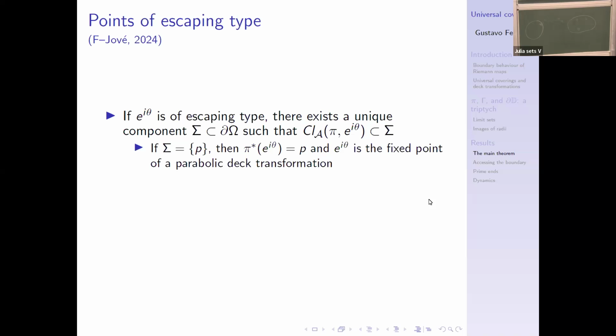The limit has to be this isolated puncture. And this guy is going to be the fixed point of some parabolic deck transformation. So there exists some parabolic deck transformation that fixes this guy. Something like this.